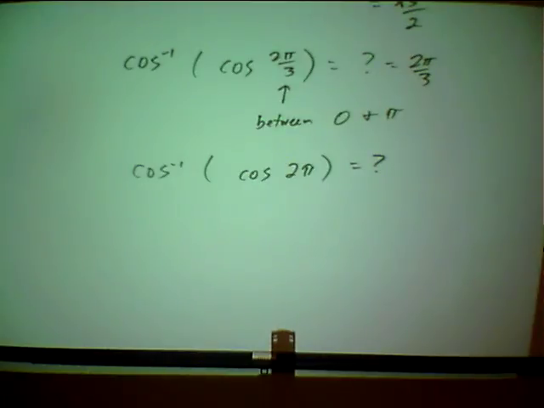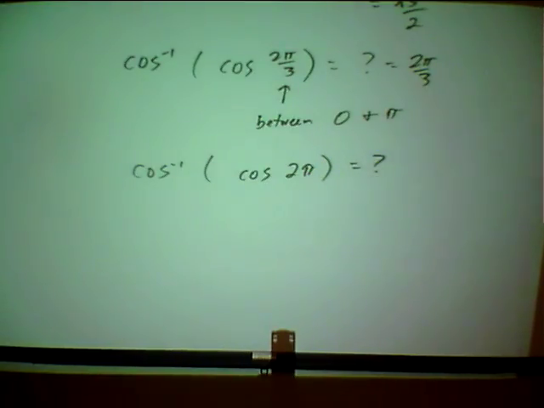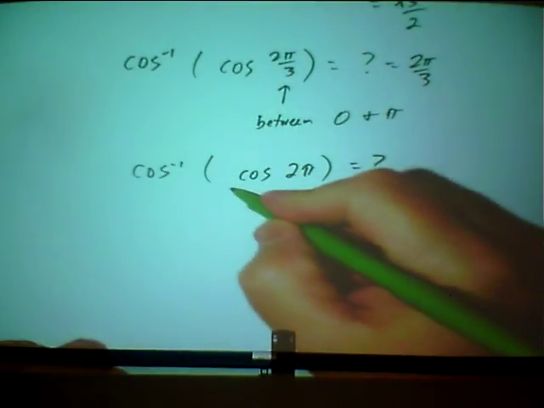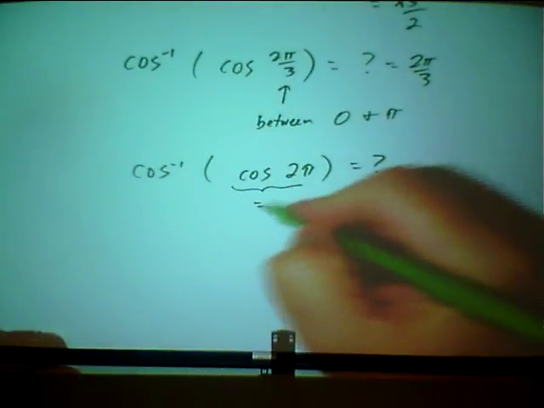The inverse cosine of the cosine of 2 pi. Well, my initial angle here is not between 0 and pi, so I cannot use what I call the cancellation rule. But in this case, I can go ahead and still come up with an answer. So I simply ask myself, what's the cosine of 2 pi? Cosine of 2 pi is actually 1.